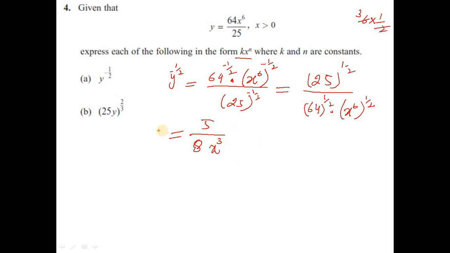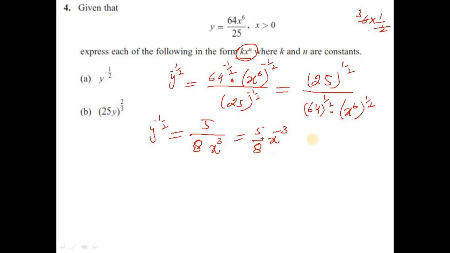So y to the power minus half is equal to 5 over 8 x cube, and you need to write this in the form of kx^n. So you can say 5 over 8 and x to the power minus 3. You send x to the power 3 up, so you can have a form kx^n.